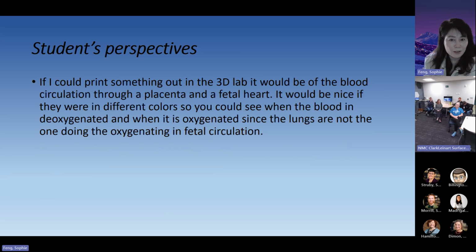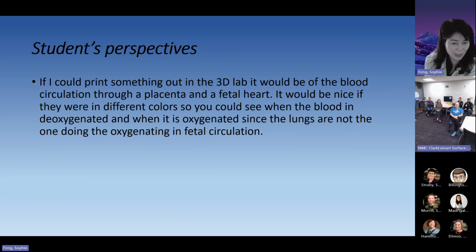There's another student who said she wants to see the blood circulation through the placenta and the fetal heart. I think it's pretty advanced, because at our children's hospital we have a lot of VSD, ASD, the most common patients. We do have tetralogy of Fallot patients in the children's hospital.